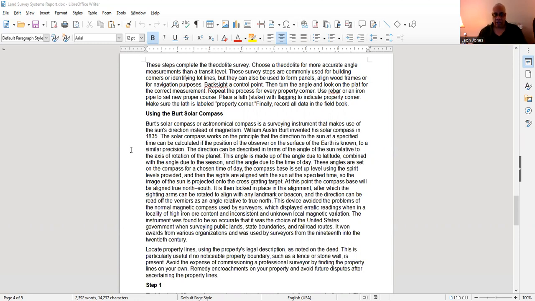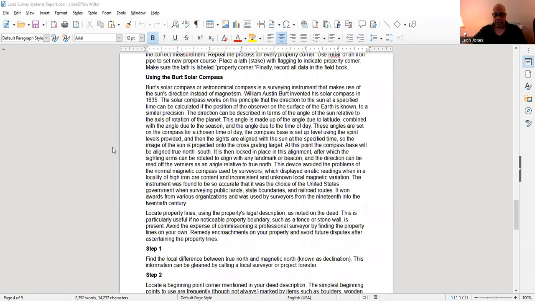So these angles are set up on levels provided, and then the sights are aligned with the sun at the specific time. So the image of the sun is projected onto the cross grading target, and at this point, the compass base will be aligned north and south, then it's locked in place in this alignment, after which the sighting arms can be rotated to align with any landmark or beacon, and the direction can be read off of the verniers as an angle relative to true north.